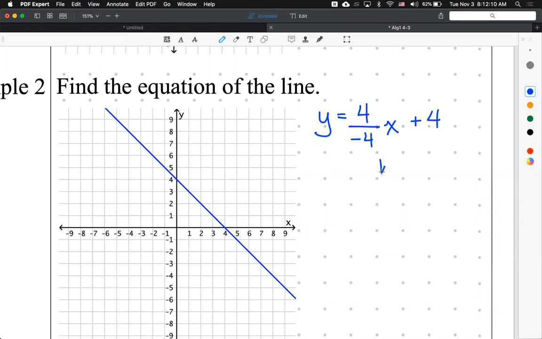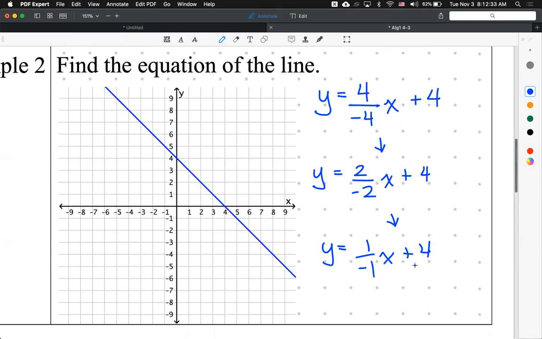Is it y equals 2 over -2x plus 4? Yeah, so you simplified it even more, but you can go even further. So you can say y is equal to 1 over -1x plus 4, and you can go even further.